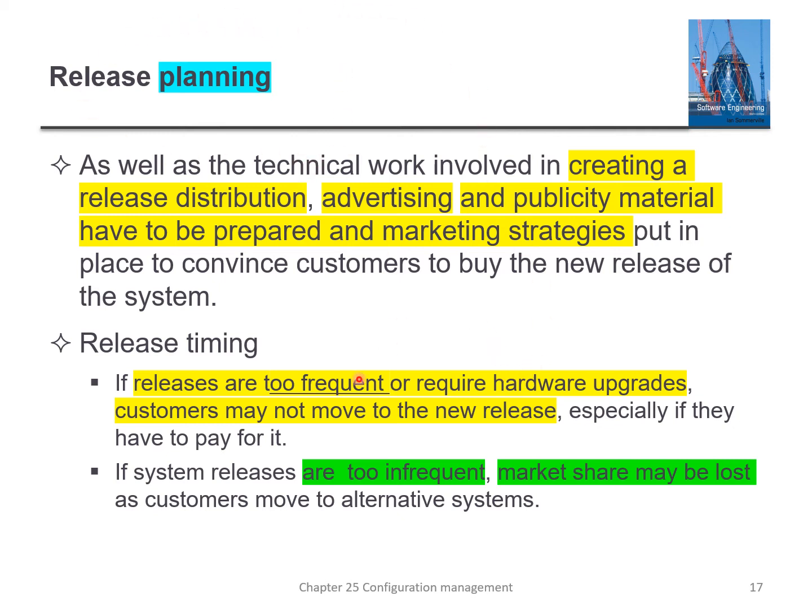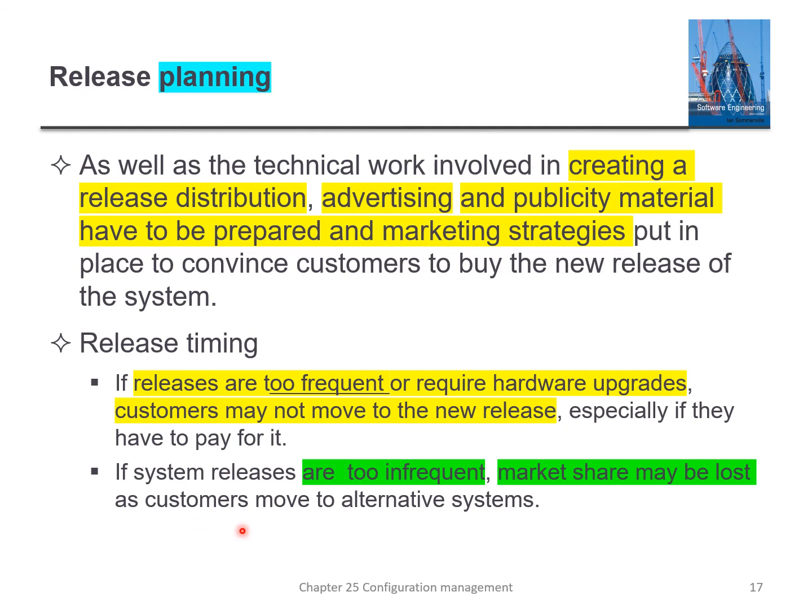And with the planning, there is an issue with timing. If the releases are planned too quickly or too frequently, maybe like three times in one year, and every time a release is done some of the hardware needs to be upgraded, sometimes the customer does not want to follow your release because you change too fast and they need to upgrade the hardware and so on.